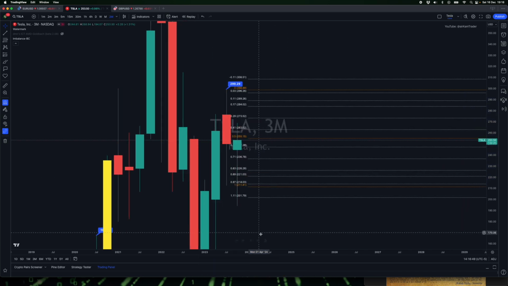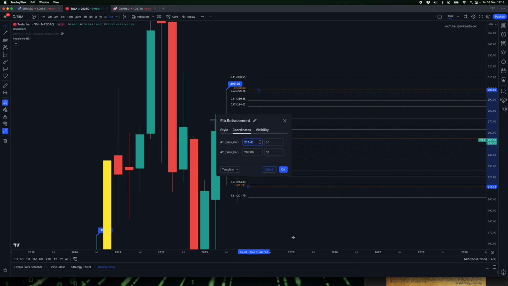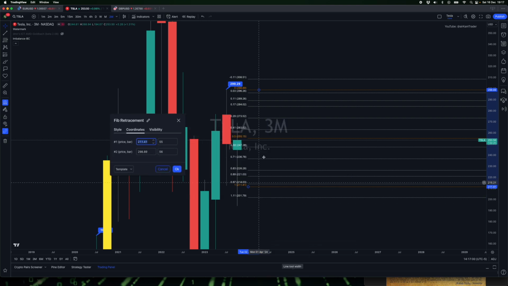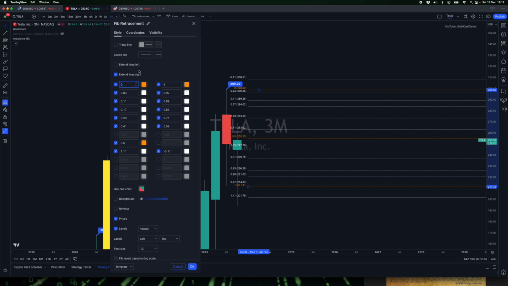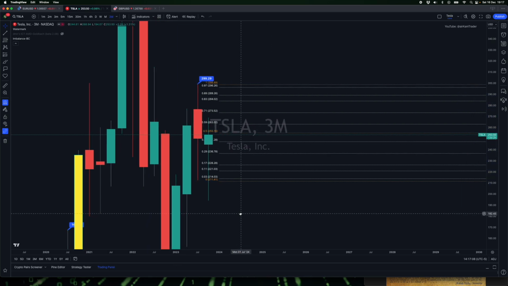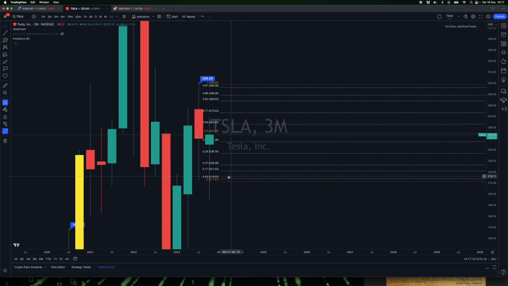Okay, so this is a fractal fib using the Goldbach percentages. Let me just fix it because it's upside down, and I'm going to remove the extensions just so it's easier for you guys to see. There we go. So the way it works again is rejection block, order block, fair value gap, and so on.